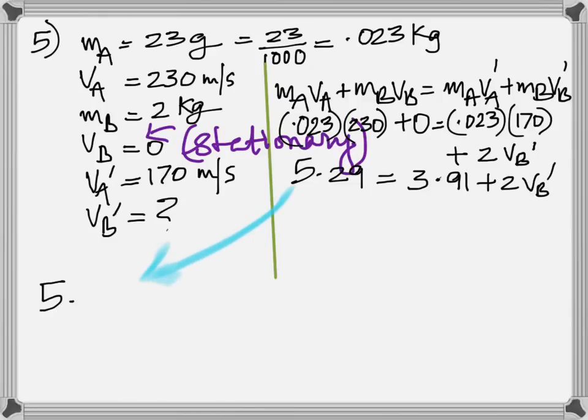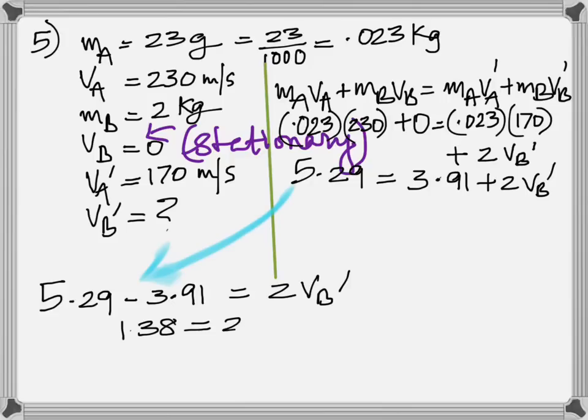You take the difference, and you would get 5.29 minus 3.91 is equal to 2 VB prime. The difference is 1.38, and then you divide by 2, you would get the answer as how much? 0.69 meter per second.